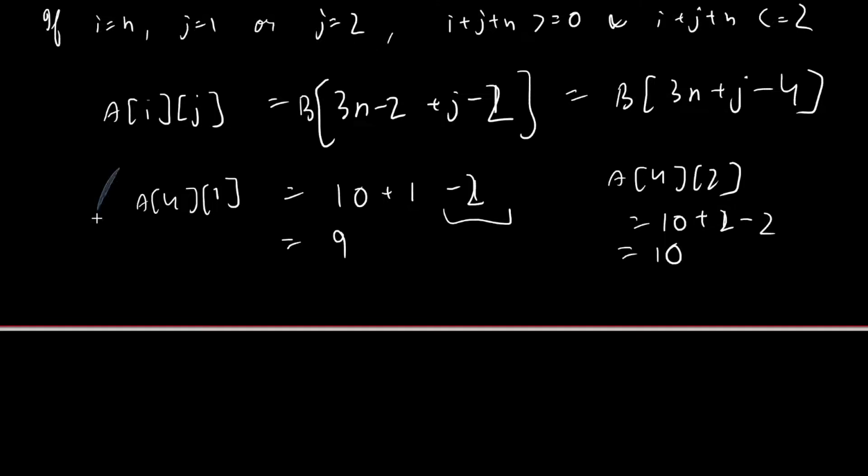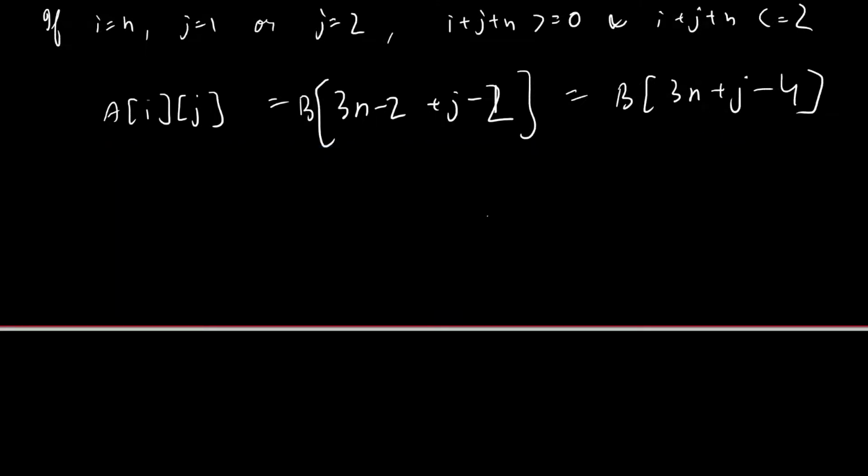So for A41, is stored at B, 12 plus, we are using this formula, 12 plus 1 minus 4 equals B. 12 plus 1 is 13, 13 minus 4 is 9.